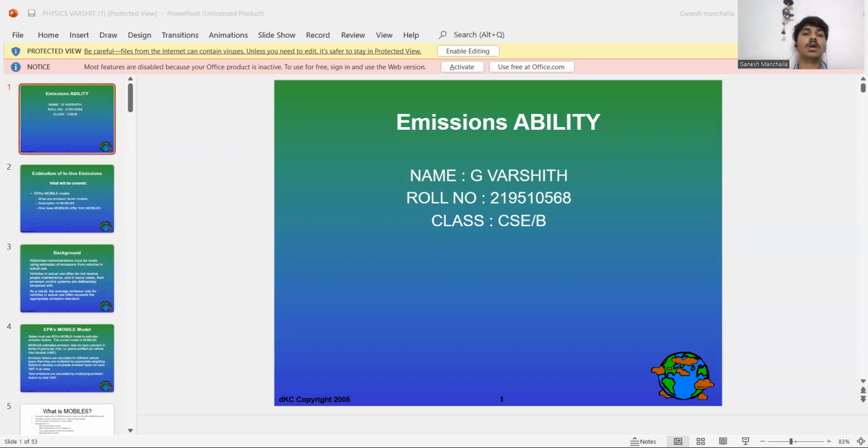What is MOBILE6? A computer model, which is based on US EPA's MOBILE5A model, that calculates emission factors for a fleet average vehicle, for both gasoline and diesel on-road vehicles. It calculates EF for light duty gasoline vehicles, light duty gasoline trucks, 3 categories, heavy duty gasoline trucks, 8 categories, light duty diesel vehicles, light duty diesel trucks, heavy duty diesel vehicles, motorcycles, gasoline buses, diesel buses, urban and school, for exhaust and evaporative hydrocarbon emissions, exhaust carbon monoxide, nitrogen oxides, and future enhancements to include PM, toxics and greenhouse gases.